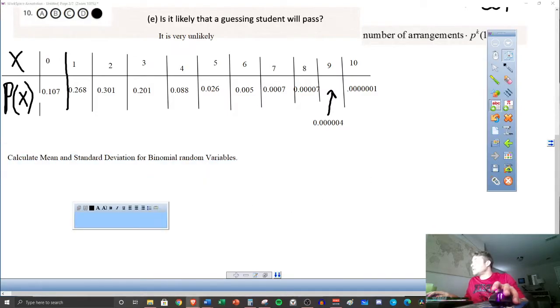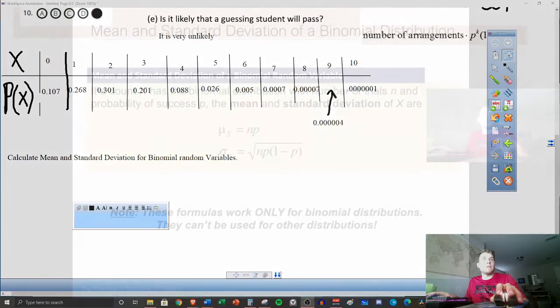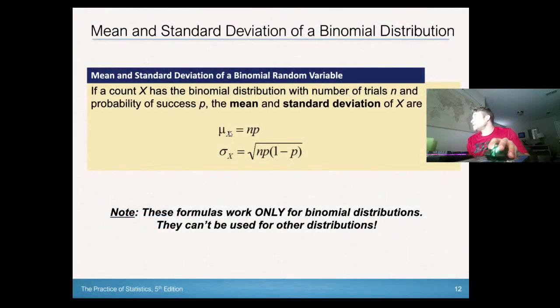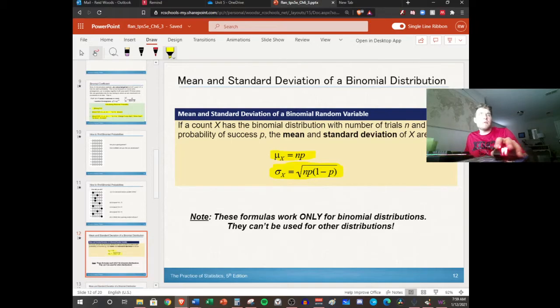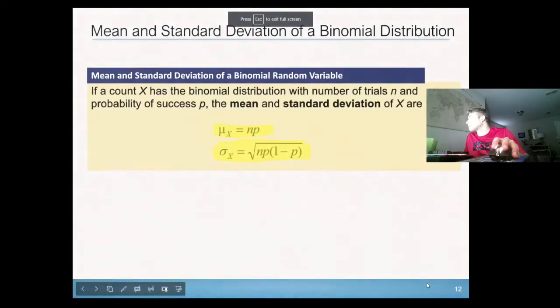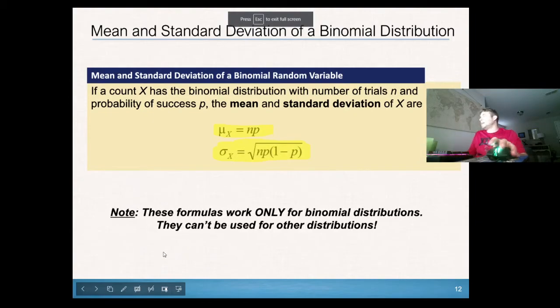And we're going to go back over this left screen here, and you need to write these right here. I'm going to highlight those just to make sure we know what we're writing. Okay, so let's go ahead and write down those formulas, and pretty straightforward formulas right there. The big key is these formulas will only work for binomial distributions. So go ahead and write these down.